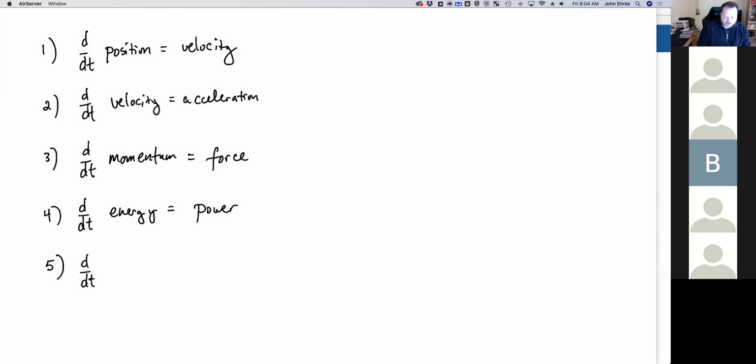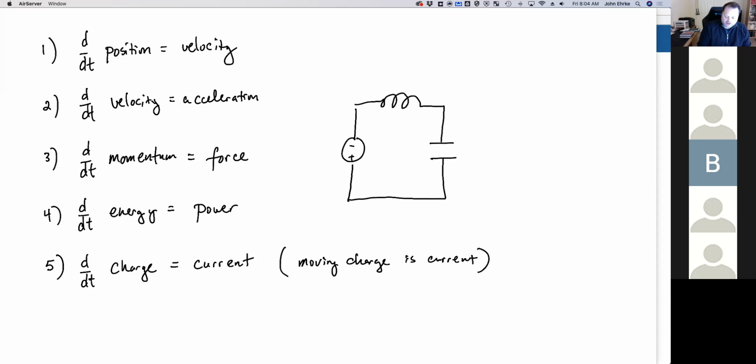And if you know anything about the way a circuit works, if you've taken a circuits class or you're going to eventually take a circuits class, we know that your basic circuit has some sort of battery here, some sort of electromotive force. You have something called a capacitor, and you might have a resistor or an inductor. I'll just draw a little coil on this. So this is what we would call an LC circuit.